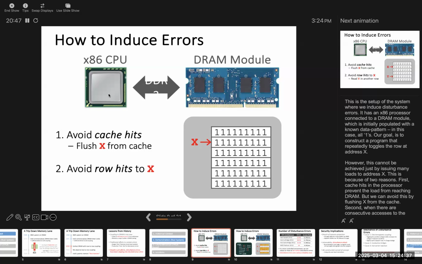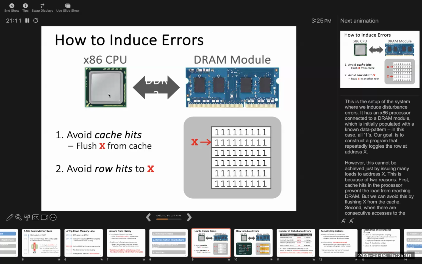Opening a row and closing it is expensive. So when you open it, you copy the whole row into the buffer. Next time, if the next 64 bits you want to read also belong to the same row, you can simply serve that read from the row buffer, which will be faster. This is known as a row hit.